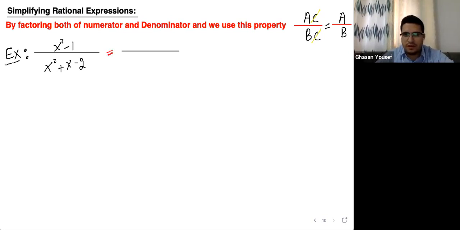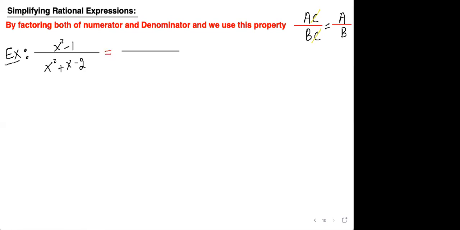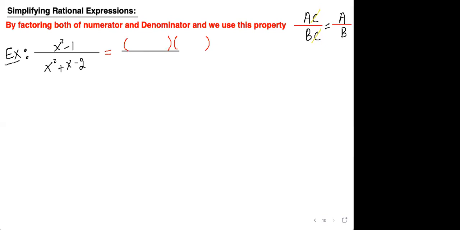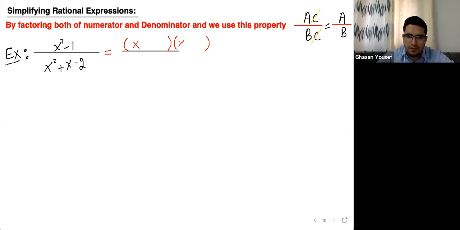What is the factoring of the numerator here? X squared minus 1. You put two parentheses, and then you put x in the first, x in the second. Plus 1, minus 1. Exactly.